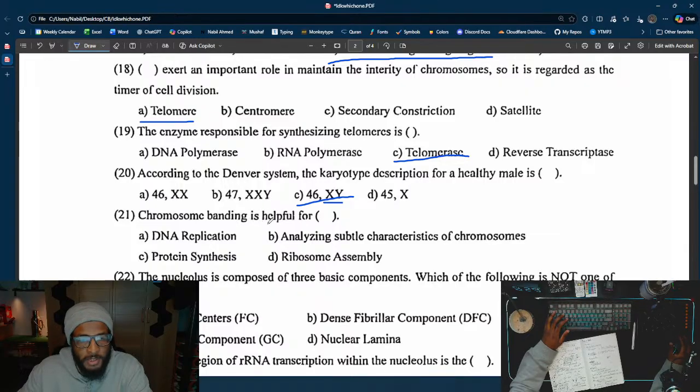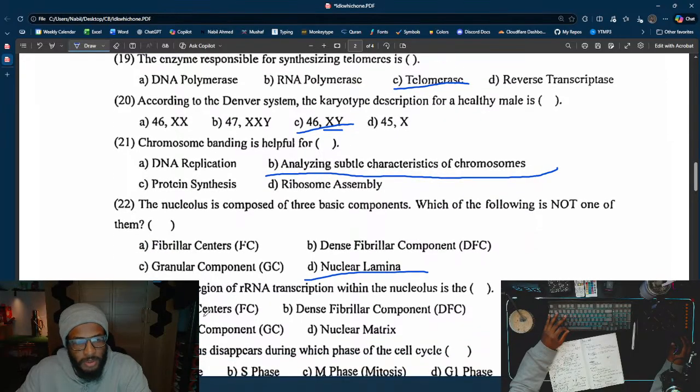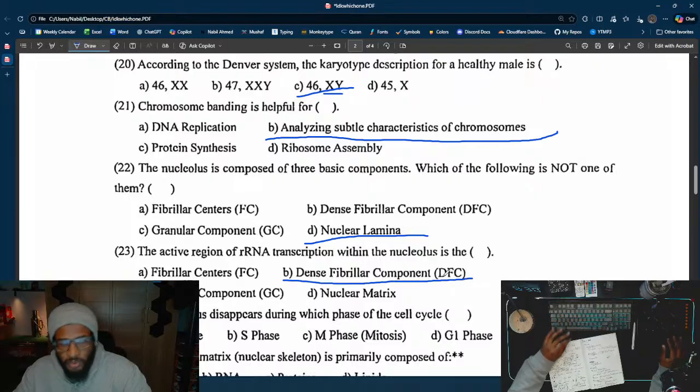Chromosome banding is helpful for analyzing subtle characteristics of chromosomes. The nucleolus is composed of three components, which is not the nuclear lamina. So the active region of RNA transcription within the nucleolus is the dense fibrillar component.